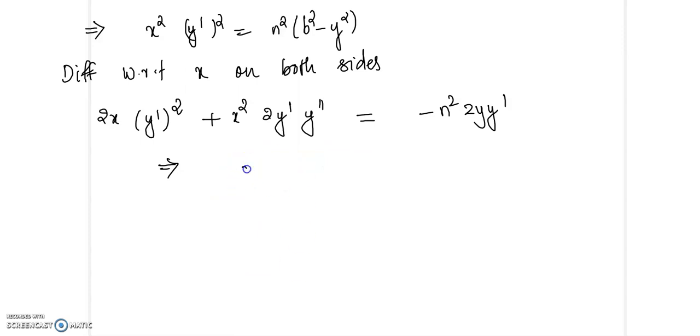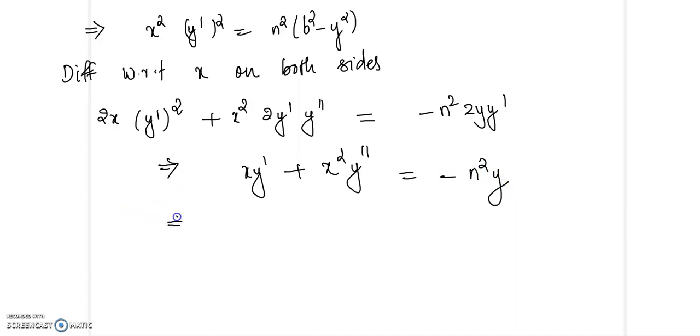So what remains is x y dash plus x square y double dash, which will be equal to minus n square y.